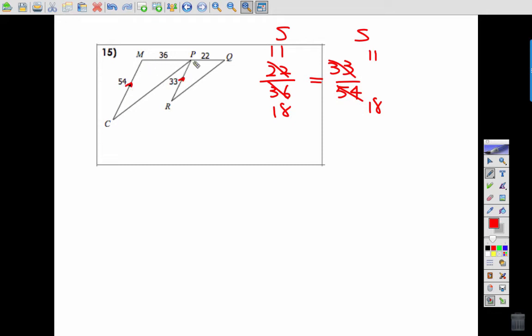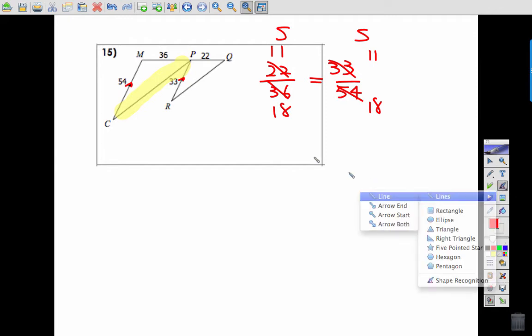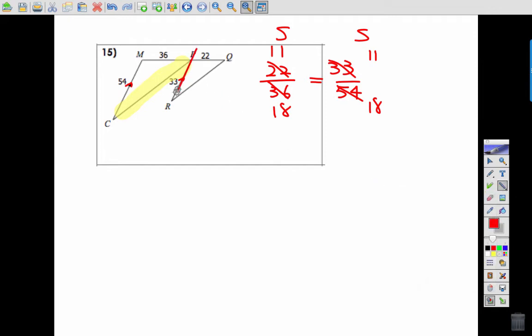These two lines are parallel. So if you look at MQ as the hypotenuse, this is not easy to see. Ignore this one. Suppose that yellow part is not there. Suppose that I only have two straight lines right here that are parallel, and then right here that are parallel.